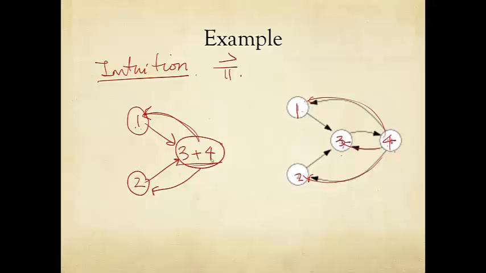And furthermore, by symmetry of this graph here, nodes 1 and 2 should have the same importance score. And then the supernode 3 plus 4 needs to distribute its score in some way between nodes 3 and 4. So at least we know intuitively that pi 1 should equal pi 2, and each of them should be smaller than pi 3 plus 4, the supernode score. Okay. So intuitively, that's what we should anticipate.